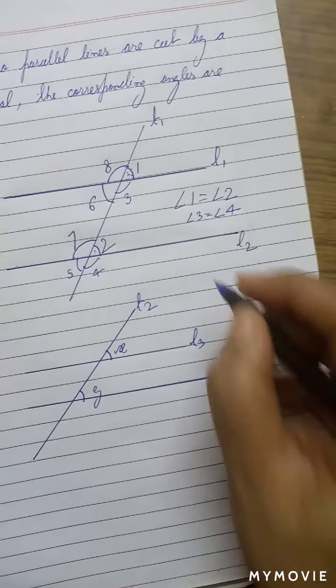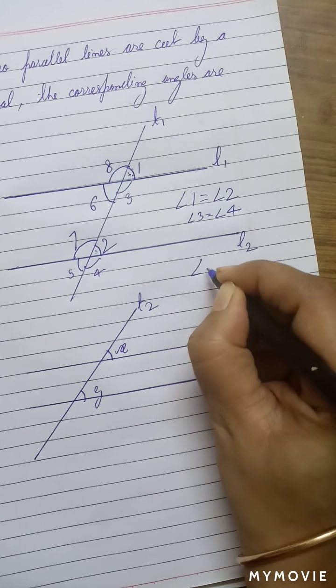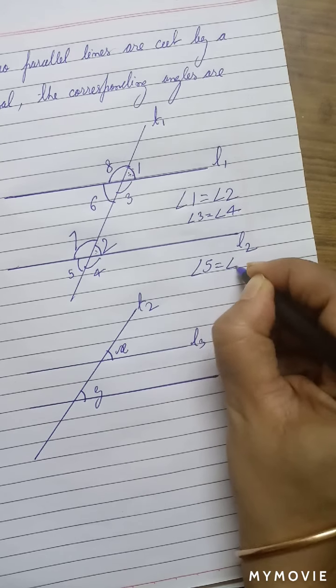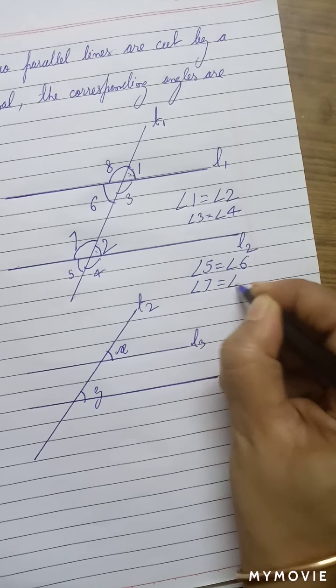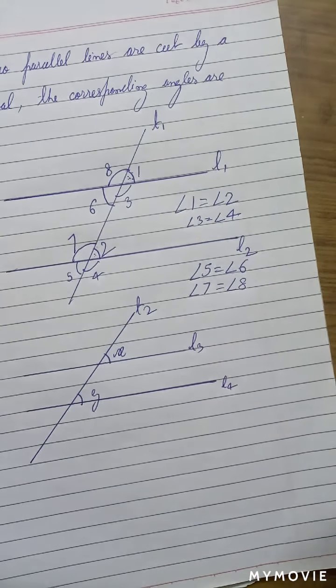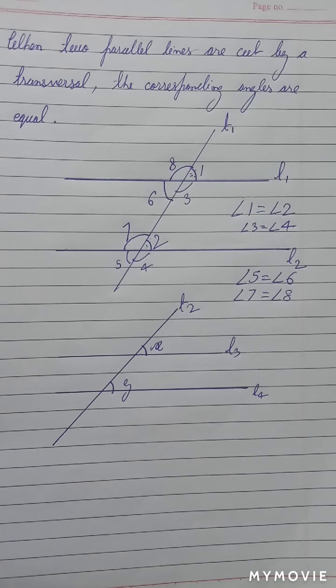So, the other pair of corresponding angles that we have is angle 5 is equal to angle 6 and angle 7 is going to be equal to angle 8. So, whenever two parallel lines are cut by a transversal, the corresponding angles are always equal. If they are not equal, the lines are not parallel.